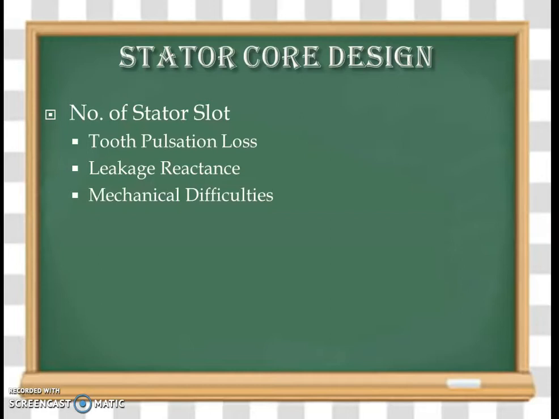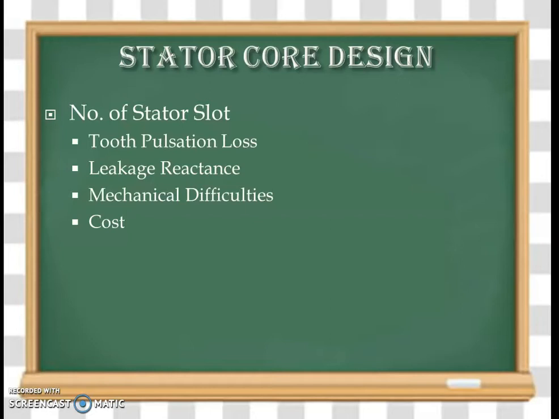At the same time, reduced cross section of the teeth will give large flux density and hence more magnetizing current and higher iron losses.